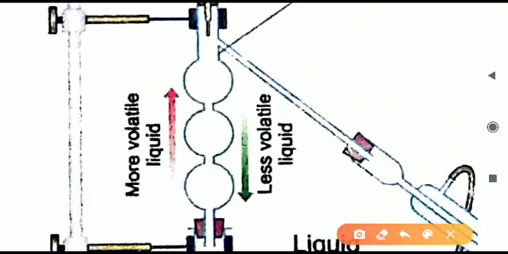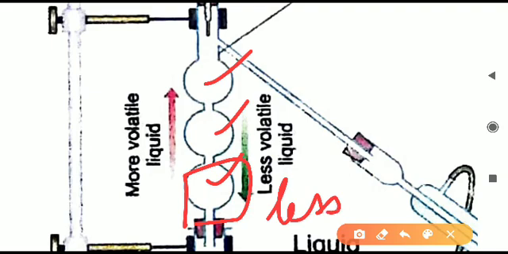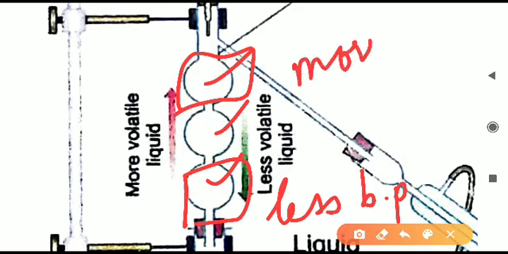So here you can see separate columns are there. These are fractionating columns. The liquid which is having less boiling point will separate out in the lower column. Then the liquid which is having the maximum boiling point will separate out in the upper column or the topmost column. So this is how different liquids will separate.